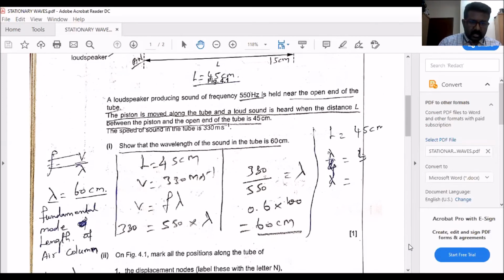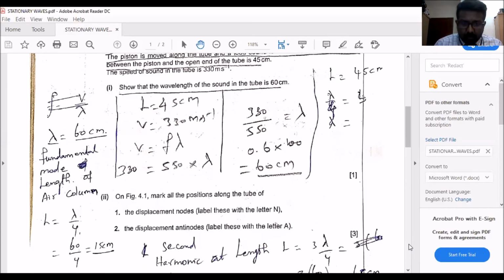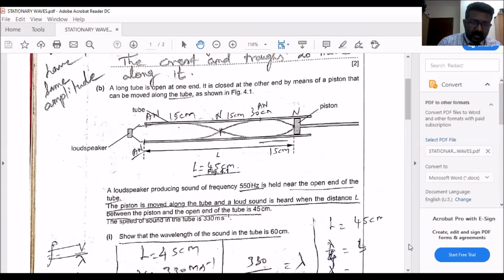And we also have a second part: on figure 4.1, mark all the positions along the tube of the displacement nodes, label these with the letter N. The displacement antinodes, label these with the letter A. Now we'll go to the figure.